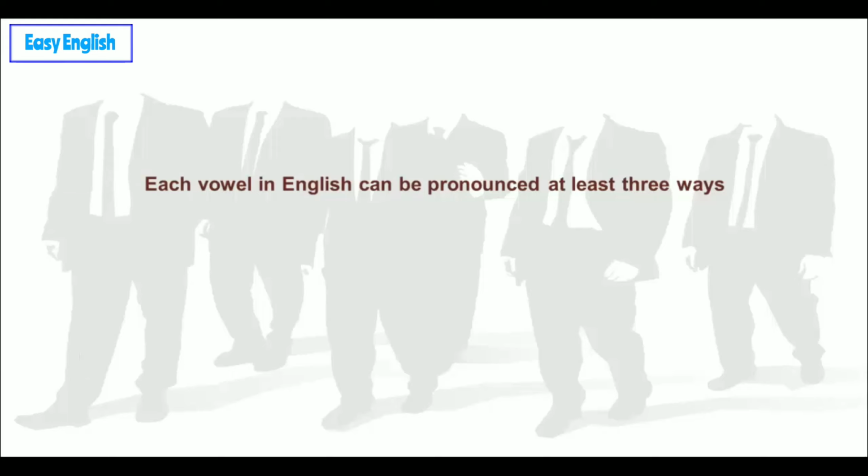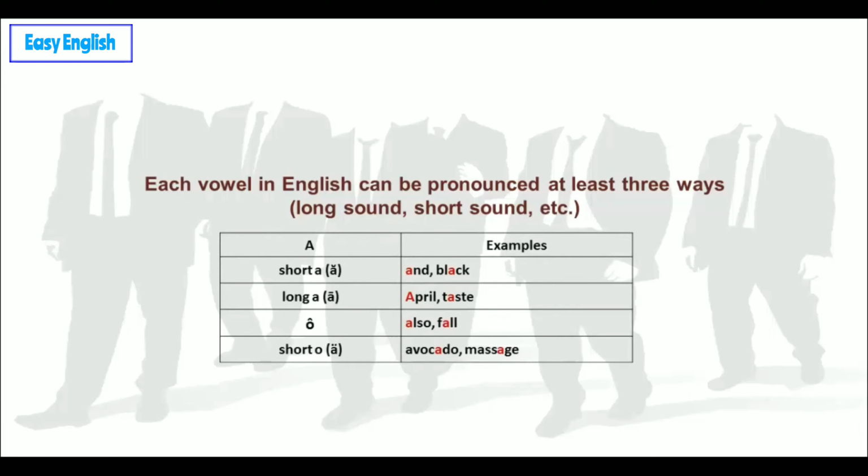So each vowel in English can be pronounced at least 3 different ways. For example, the long sound, the short sound, and so on. Let's look at each vowel starting with the letter A. You have the short A sound, as in and and black.